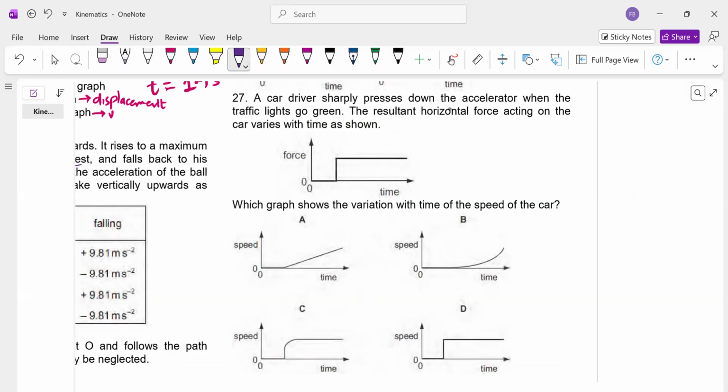You know the accelerator is used to increase the speed. Just like the brakes, there is an accelerator as well. The car driver presses the accelerator, and due to that, the speed increases. The resultant horizontal force acting on the car varies with time as shown.